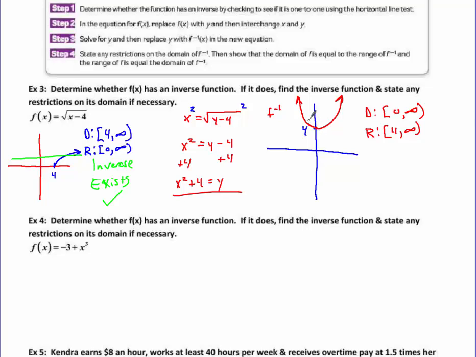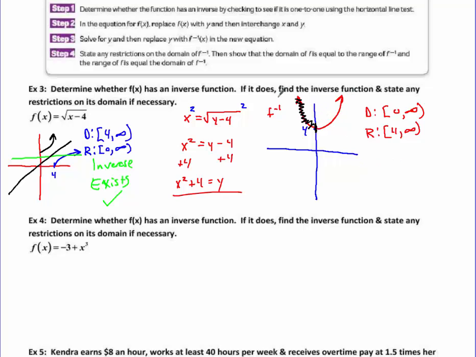So as much as we know this is a parabola, we only want the domain to go from 0 to infinity. So all of this is not really going to be part of our graph right now. And if you think about that idea of drawing the y equals x and folding it, it makes sense that that's kind of where it's going to land. So that's what we have over here with this red part.